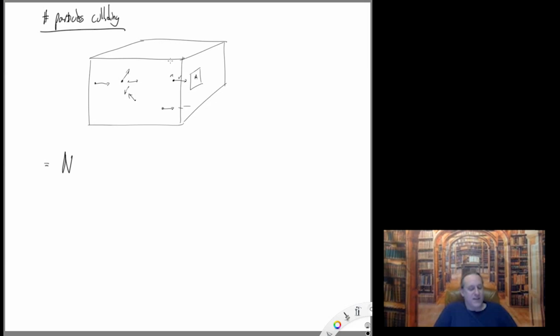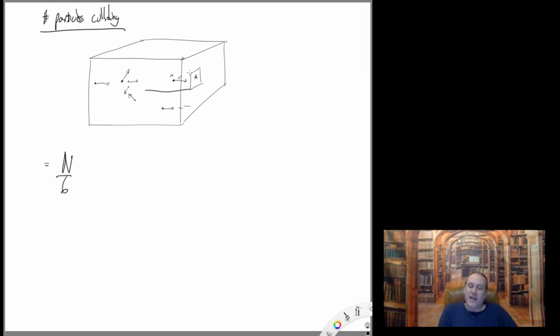There's 4 sides, and then the roof and the floor. So we would say that only 1/6 of the particles are even moving in the right direction so that they're going to encounter the wall in question. Now, we also want to exclude the particles that are missing the wall and that are too far away.